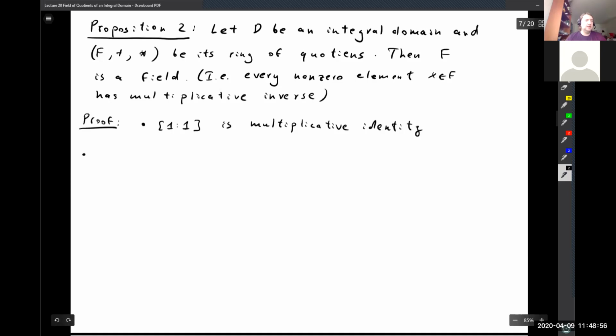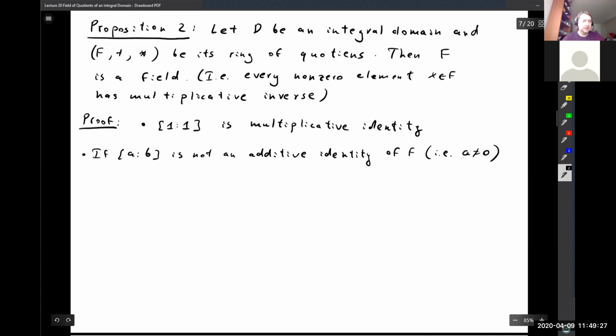And the second part is that if the fraction a over b is not an additive identity of F, or in other words, a is non-zero, then the equivalence class of the fraction b over a is the multiplicative inverse.